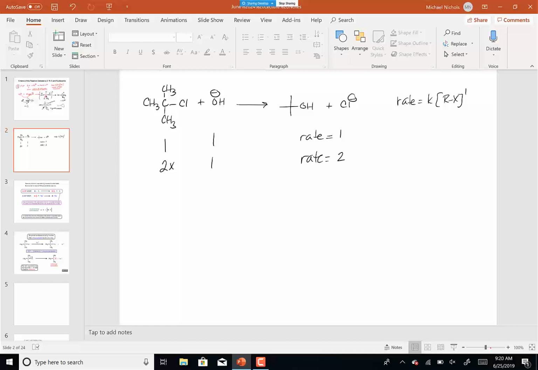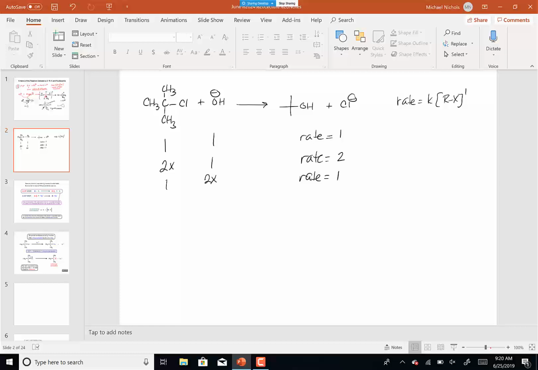But then they said, let's go back to the original alkyl halide concentration, and now double the concentration of hydroxide, and they found that the rate didn't change. And then they tripled the concentration of hydroxide, and the rate didn't change.